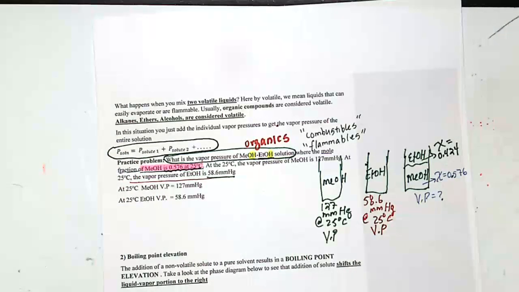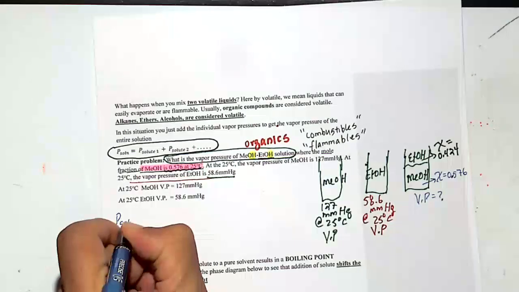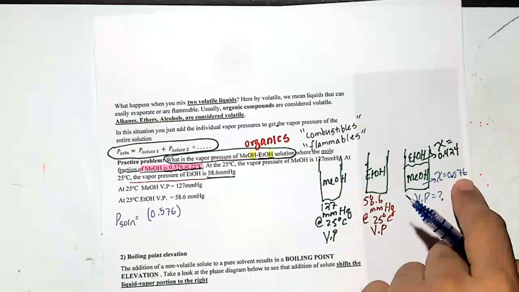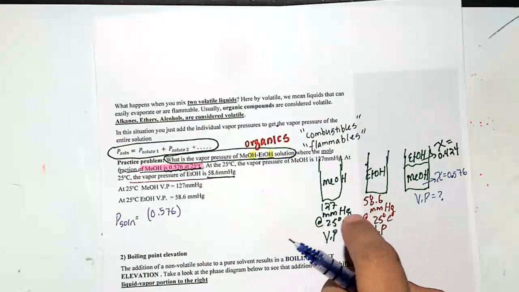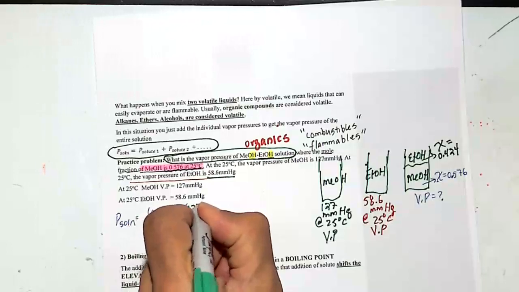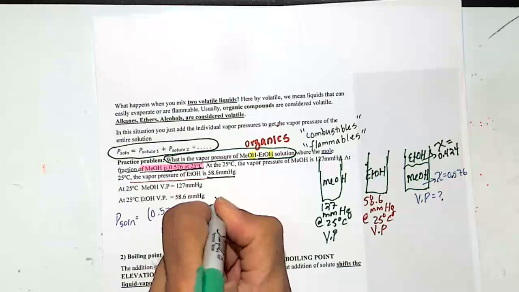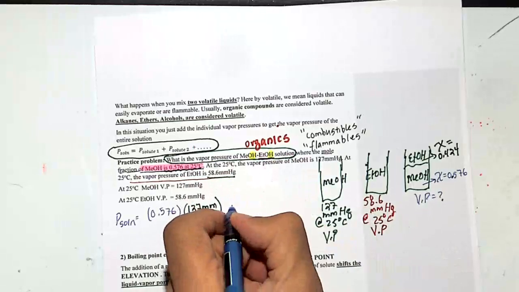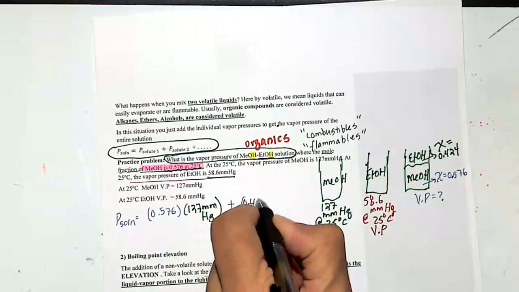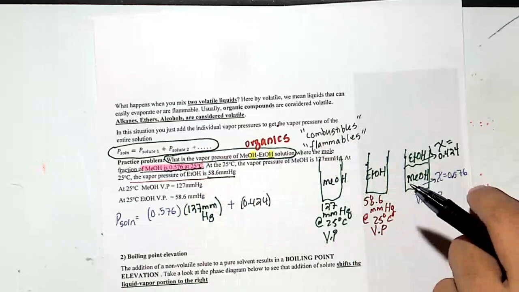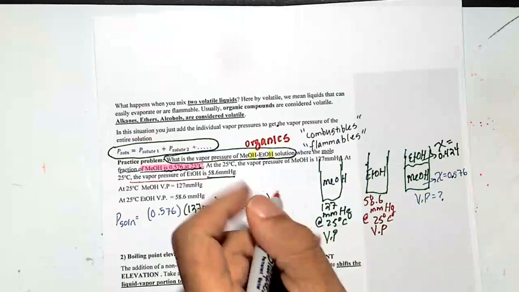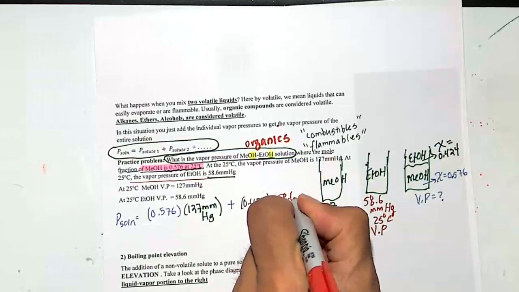So we're going to take the 0.576 and multiply it by the vapor pressure of methanol alone, which is 127 millimeters of mercury, plus the 0.424, which is the ethanol, and what is ethanol? 58.6 millimeters of mercury.